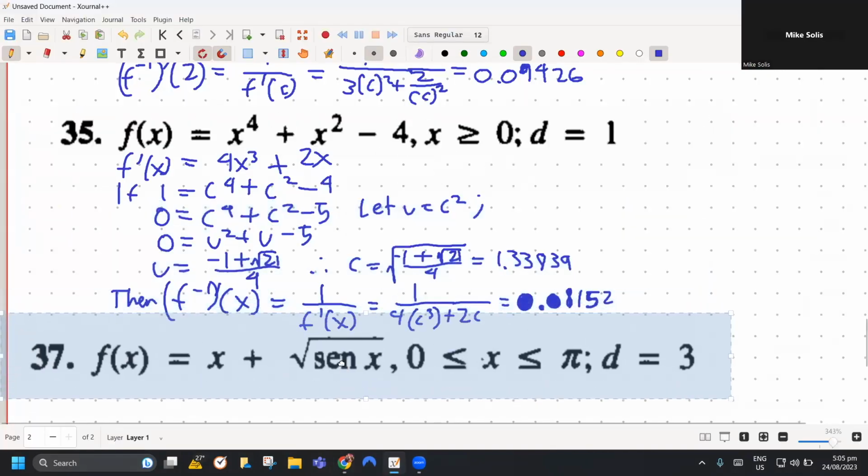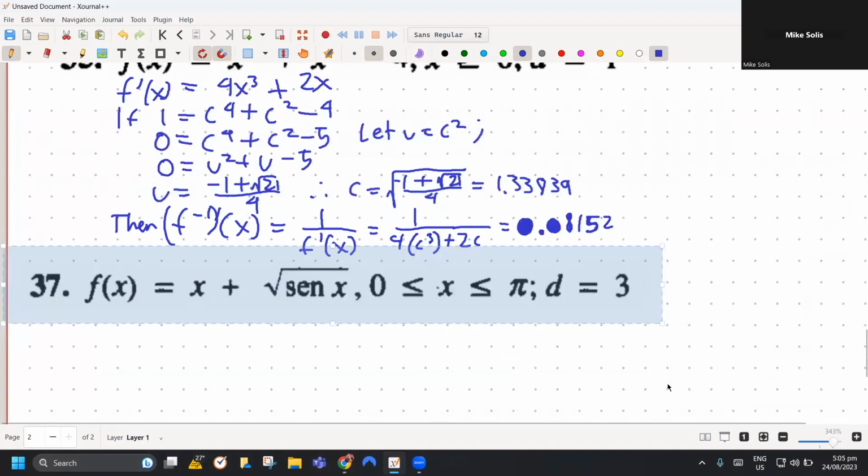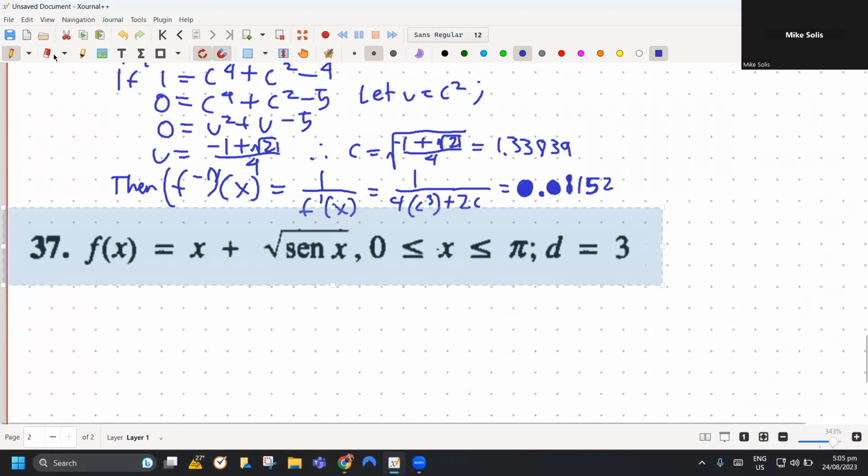Okay. Actually, kung allowed yung graphing calculators dito, mas madaling gawin yan, di ba?